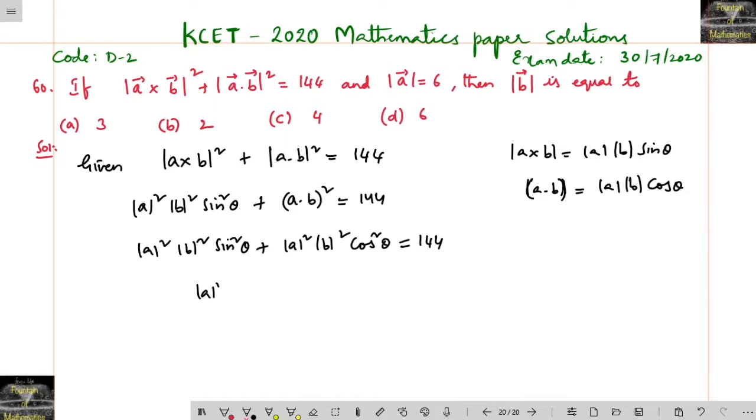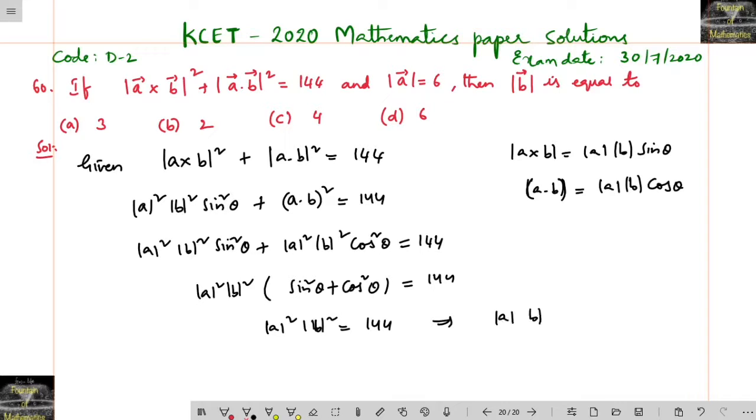If I take mod a square mod b square common, we have sin square theta plus cos square theta, which is equal to 1. So mod a square mod b square is equal to 144, which implies mod a mod b is equal to 12.